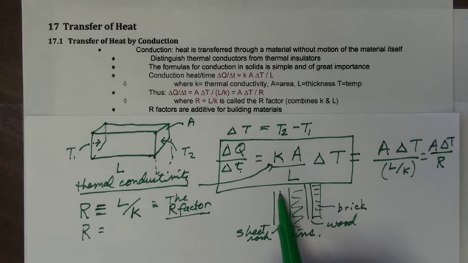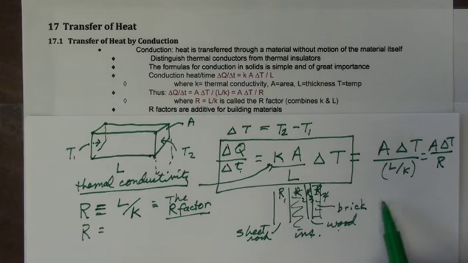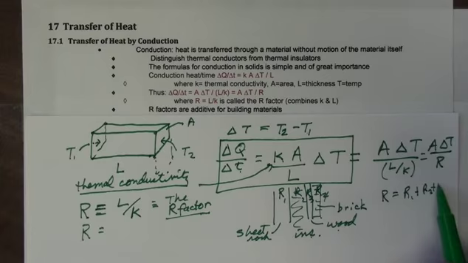We can take the R factor for the sheetrock, the R factor for the insulation, the R factor for the wood, and the R factor for the brick, and take these four things and add them together to get the R factor for the whole thing: R1 plus R2 plus R3 plus R4.